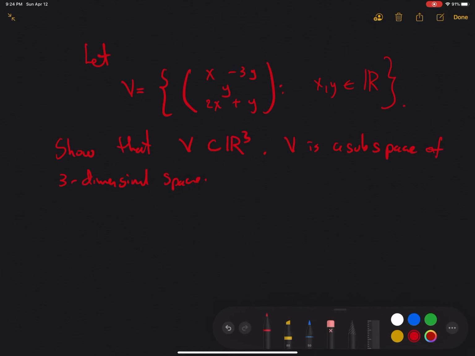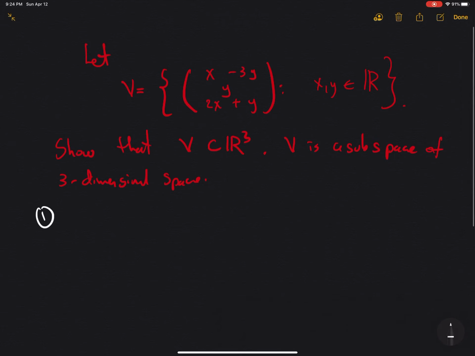For this, what we need to check is that our set satisfies two properties. One property is that if u and v are in V, then the sum is also an element of the vector space.